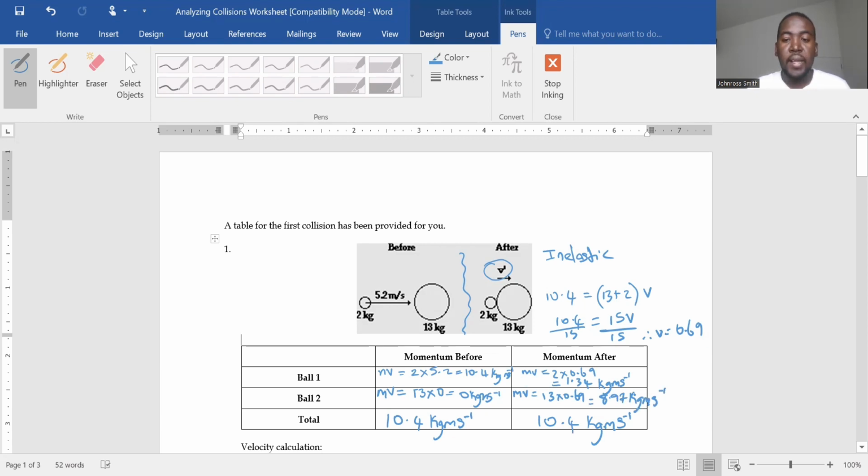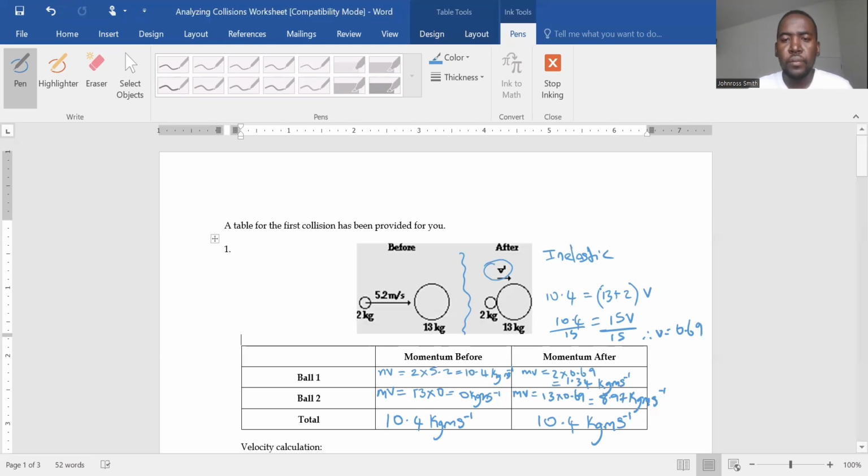So if we add 8.97 plus 1.34, we get 10.31, which is relatively close to the 10.4, and that's because we have rounded off the velocity as well as the first ball's momentum after collision.